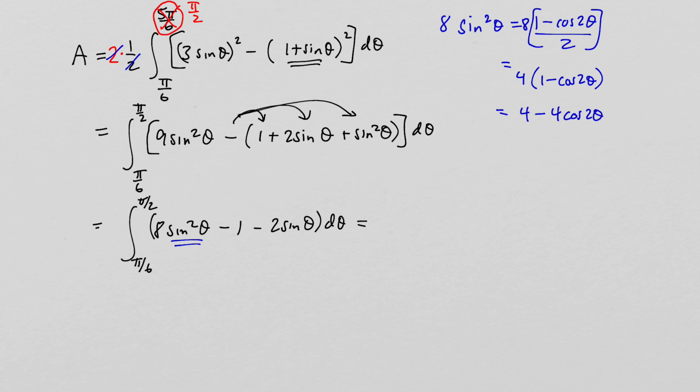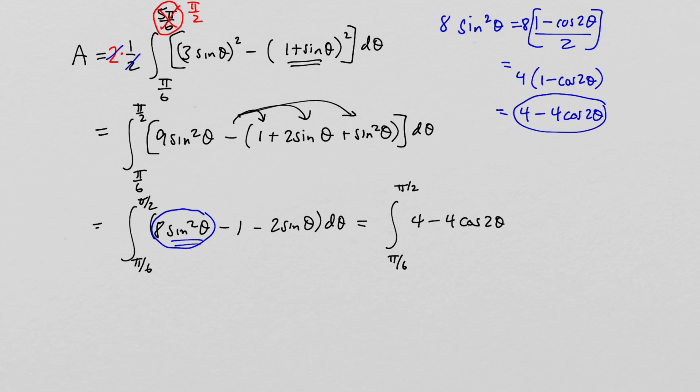So I can replace 8 sine squared with this expression. And so this becomes the integral from pi over 6 to pi over 2 of 4 minus 4 cosine 2 theta minus 1 minus 2 sine of theta d theta.